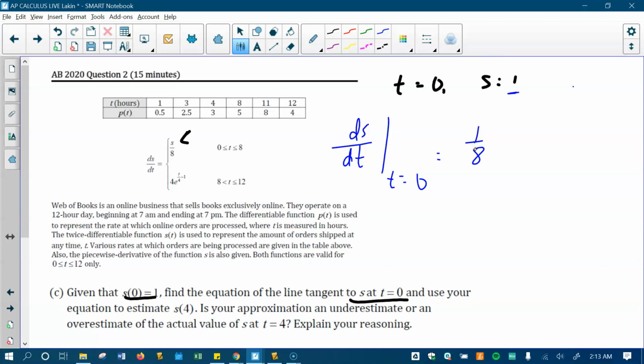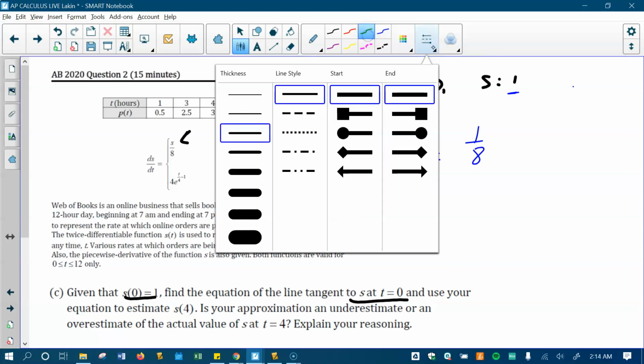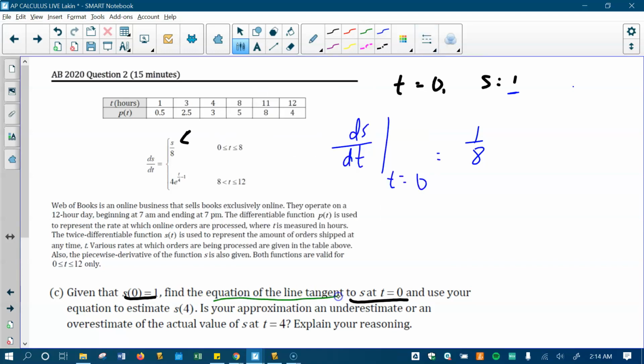So your slope is 1/8. Now let's find the equation of the tangent line. It is going to be y minus the y value, which is 1, equals 1/8, that's your slope, times t minus 0.